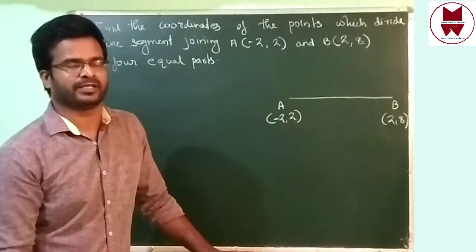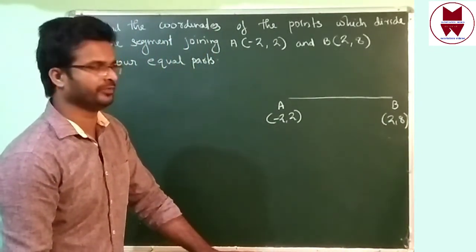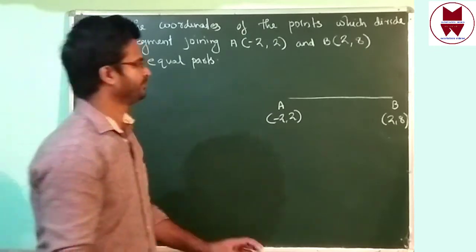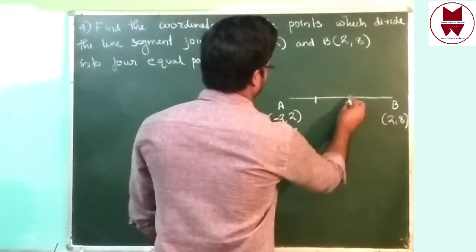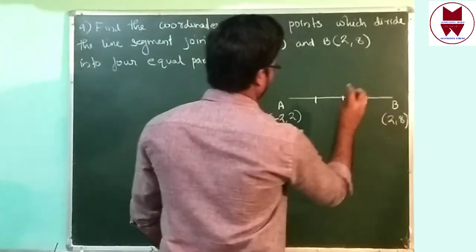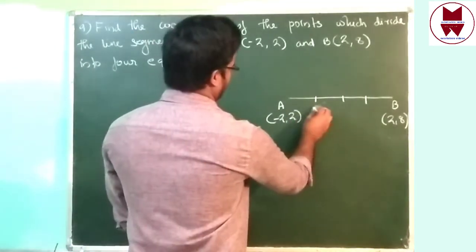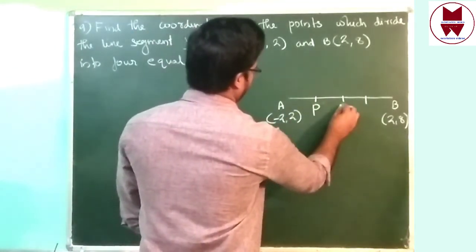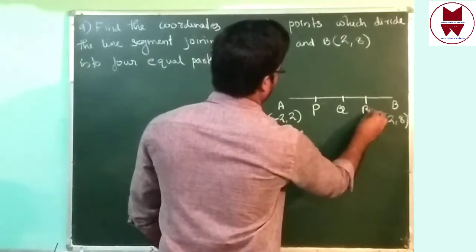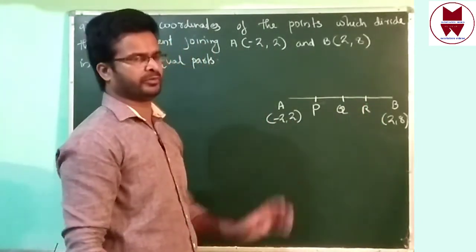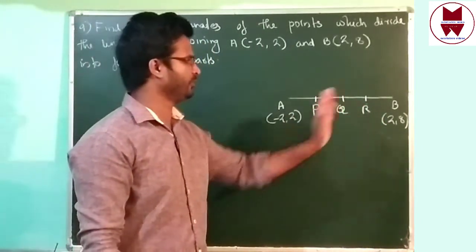This line segment AB, they are going to divide into 4 equal parts. Here, 4 equal parts. Then these points we can take as P, Q, R. Any English alphabet you can take. I just took P, Q, R.